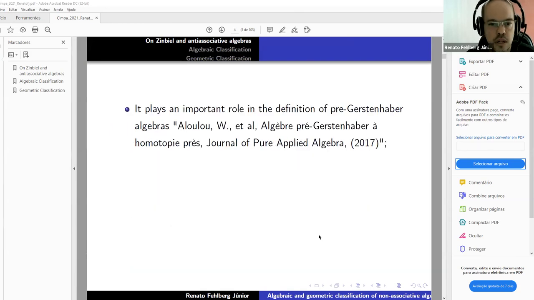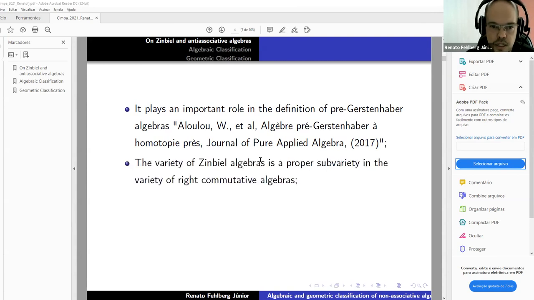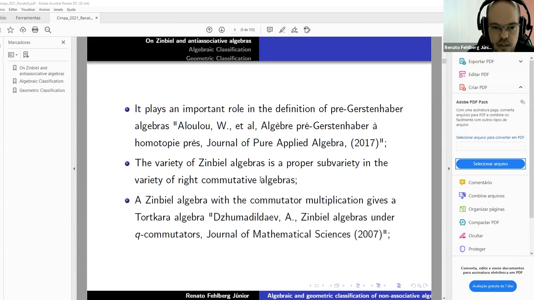Zinbiel algebras also play an important role in the definition of Pre-Lie-Poisson algebras. The variety of Zinbiel algebras is a proper subvariety in the variety of right commutative algebras. A Zinbiel algebra with the commutator multiplication gives a Tortkara algebra.